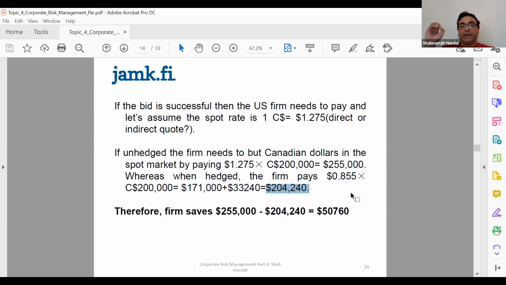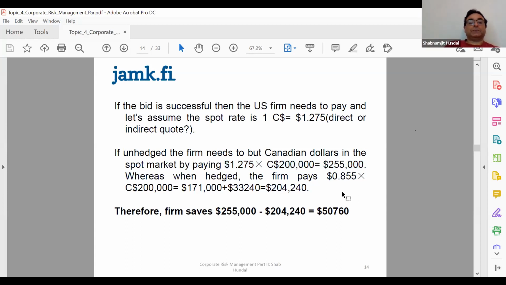So if I exercise the option, the whole contract to buy 200,000 Canadian dollars will cost me 204,240 American dollars, all inclusive. But if I had not bought the options, but remained at the mercy of the market, I could have paid this much.